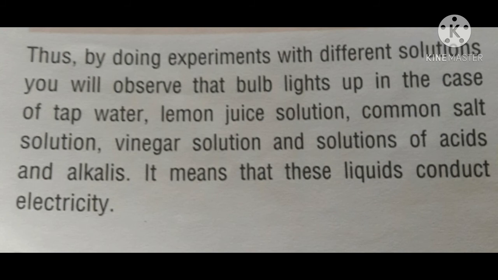Thus, by doing the experiment with different solutions, we observe that the bulb lights up in case of tap water, lemon juice solution, common salt solution, vinegar solution and solution of acids and alkali. It means that these liquids conduct electricity.